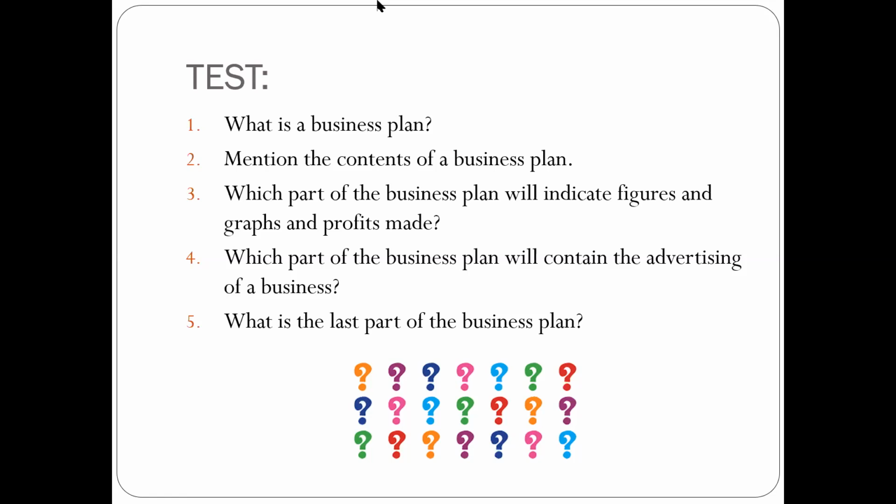Question 2, mention the contents of a business plan. Question 3, which part of the business plan will indicate figures and graphs and profits made? Question 4, which part of the business plan will contain the advertising of a business? And question 5, what is the last part of the business plan?